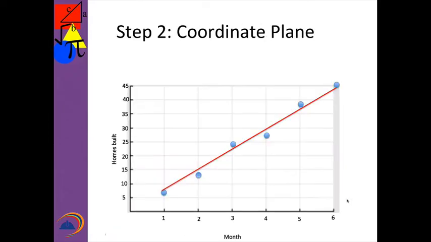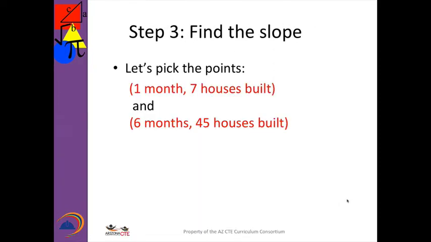So let's look. Here's where I put my line of best fit. As long as yours is close to mine, that's fine. There's no one absolutely perfect answer. But notice that I've touched the first and the last point, and there's 2 above and 2 below, and they're about equally spaced. So that's a pretty close line of best fit. All right. So now step 3 is I pick the points. I picked the first and last point. You don't have to.